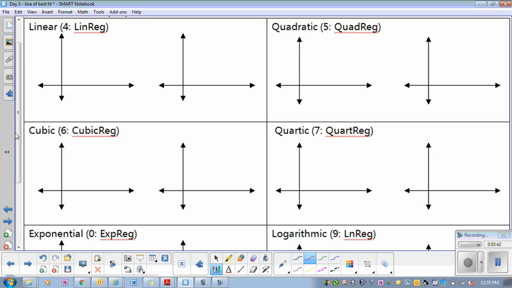Okay? So let's just sketch a graph for ourselves so that we know what we're looking for. If you're looking for a linear, all right, well, that's option 4, lin reg, right?